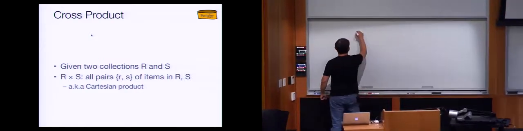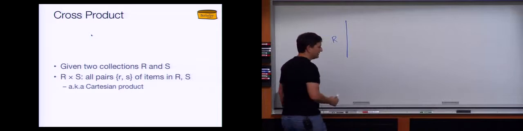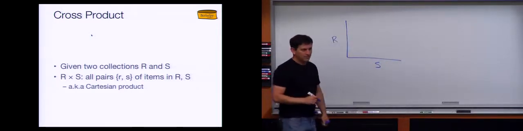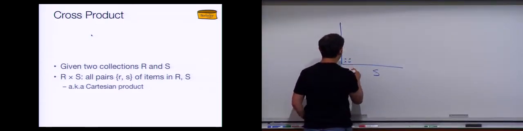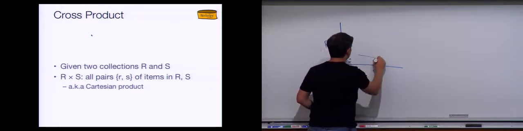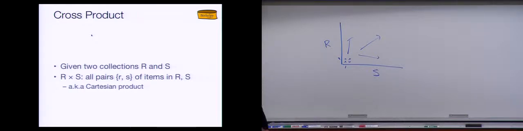Think about all the rows of R being listed along this axis, and all the rows of S being listed along this axis. The pairs of R, S form the Cartesian space in here, right? First row of R with second row of S, etc. So not surprising that this is called the Cartesian product because it forms the Cartesian plane of tuple pairs. Okay?